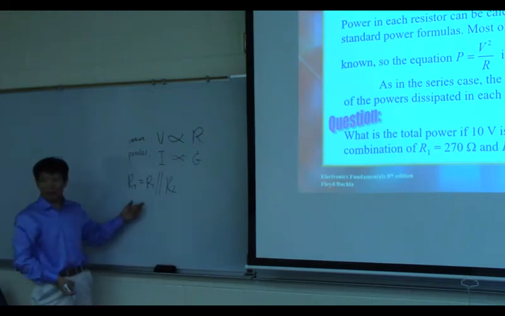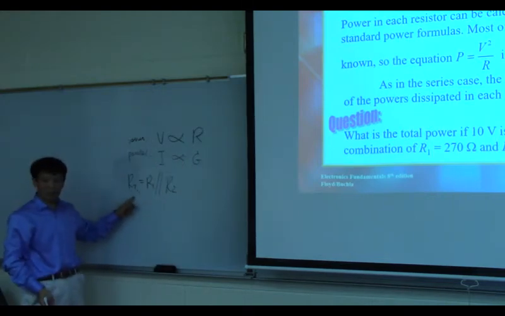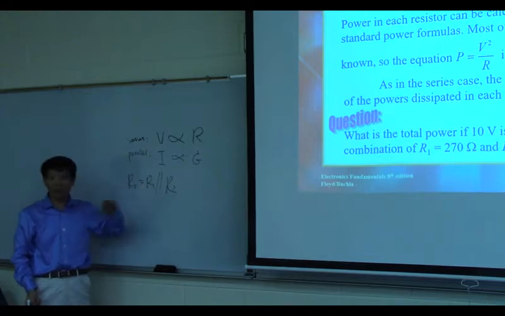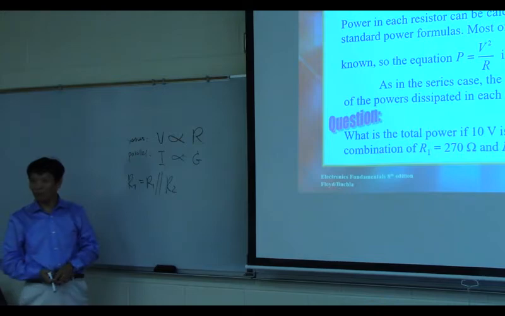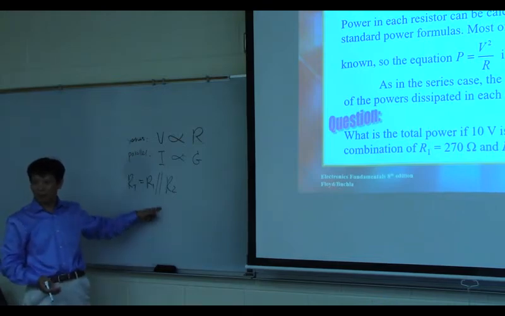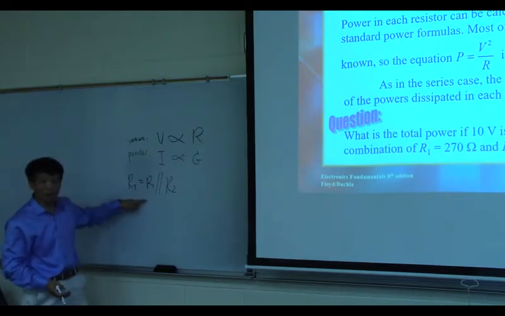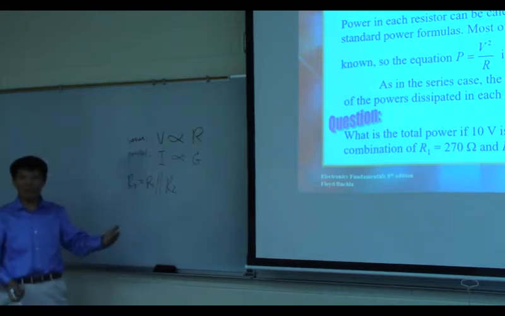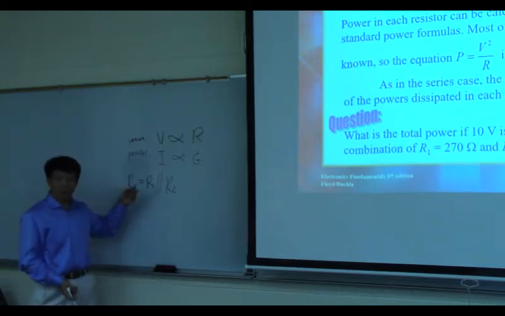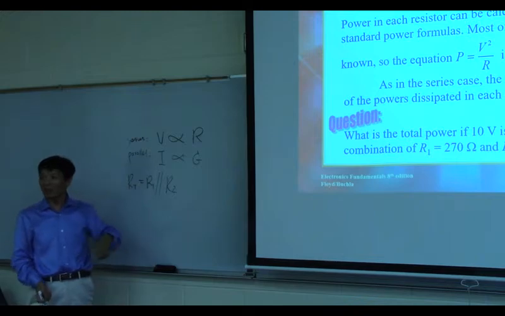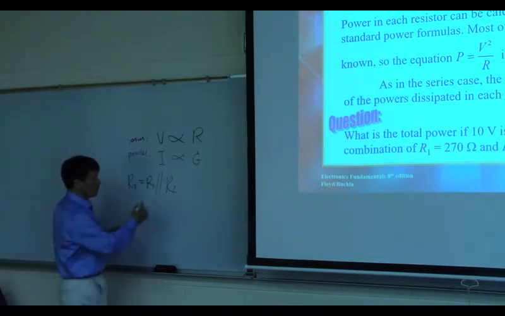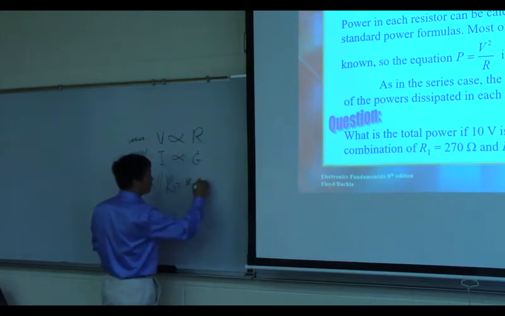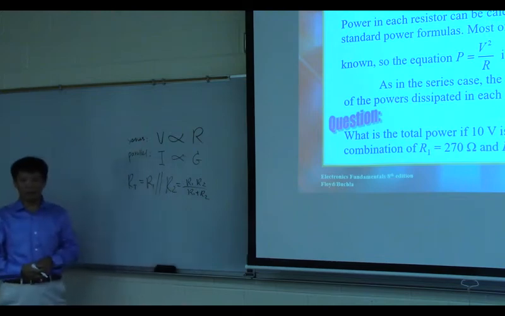So you state clearly to me that the total equals R1 in parallel with R2, so I know you understand what we are doing here. Does it make sense? You don't need to write the words. The total equals R1 and R2 in parallel. That is the meaning of that sentence. Then equals R1 times R2 over R1 plus R2. Use this formula here.